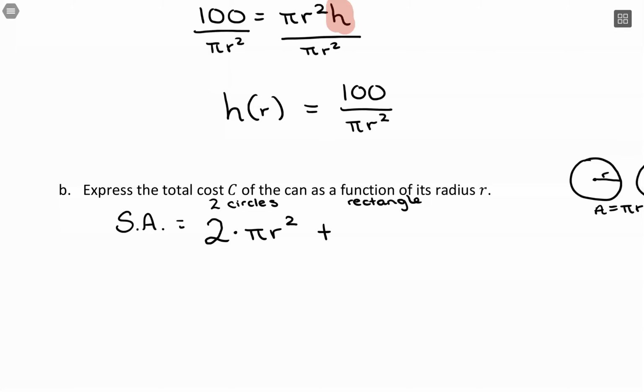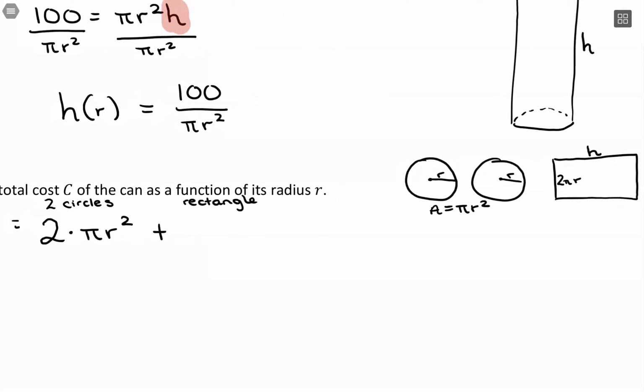And then I'm going to add on that rectangle, which comes from the circumference of the circle for one side of it, so that 2 pi r, and then times h for the other side. So I'm going to have 2 times pi times r times h.